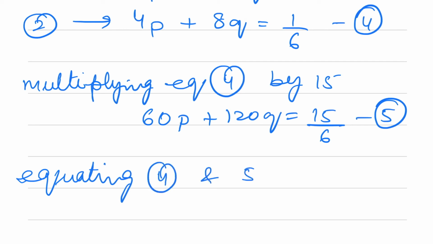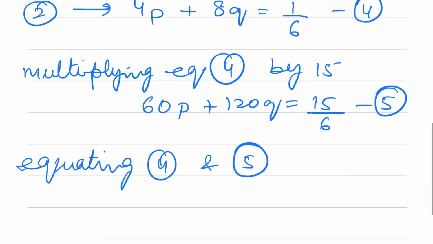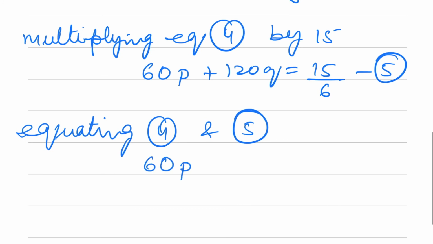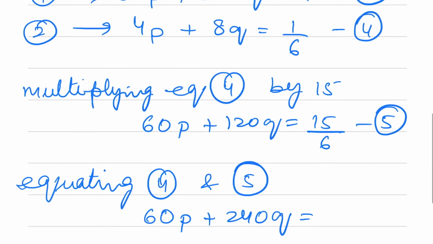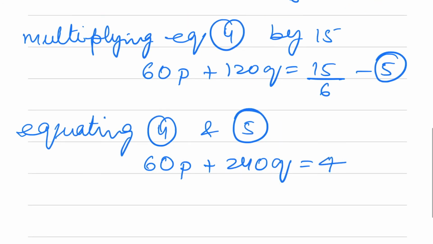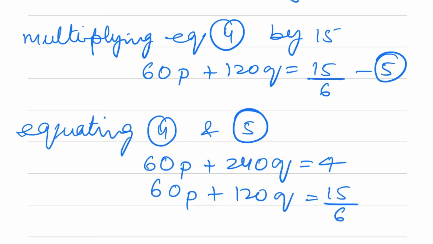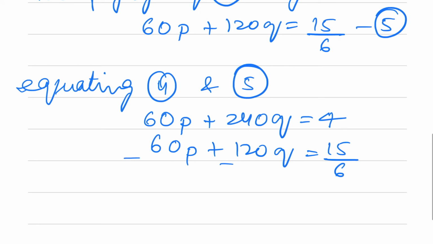So now equating third and fifth equation, we get 60p plus 240q is equal to 4 and 60p plus 120q is equal to 15 by 6. So subtracting these equations, the 60p gets cancelled.